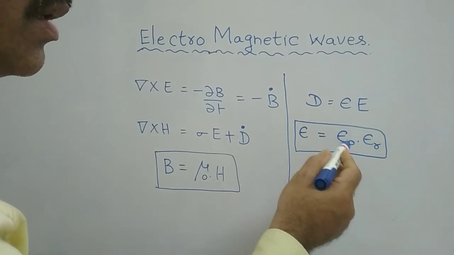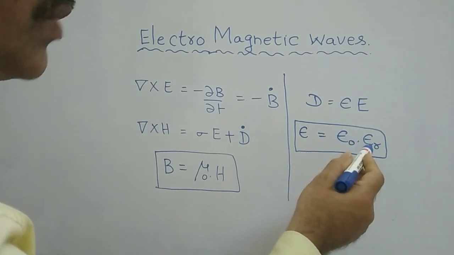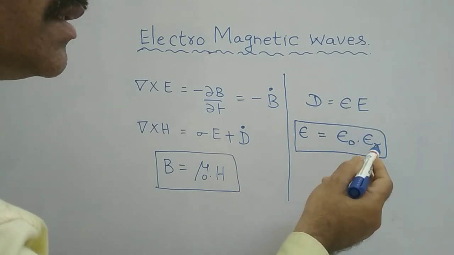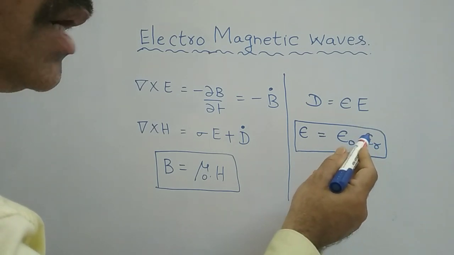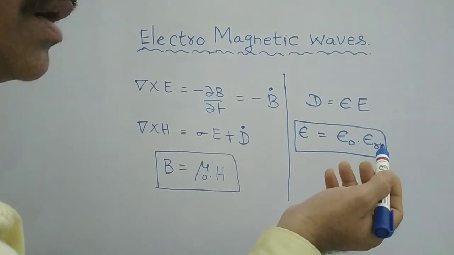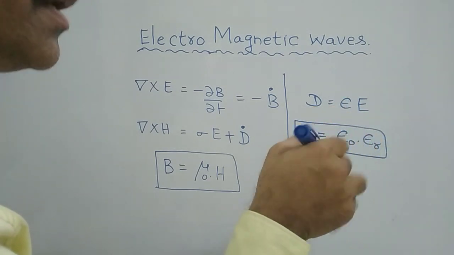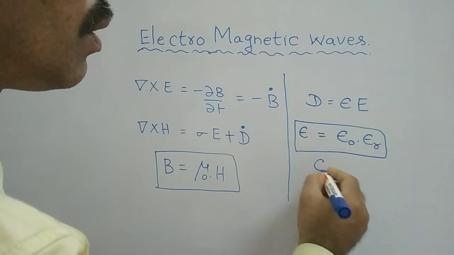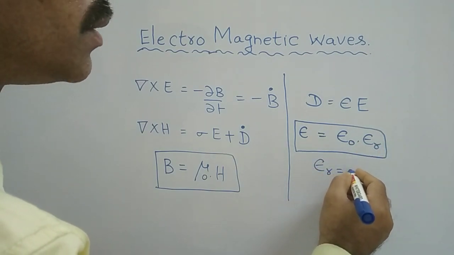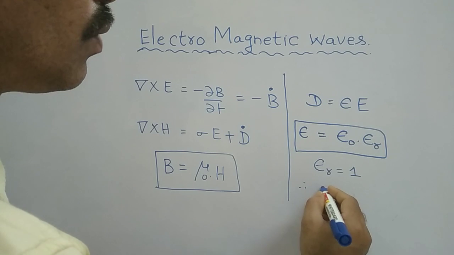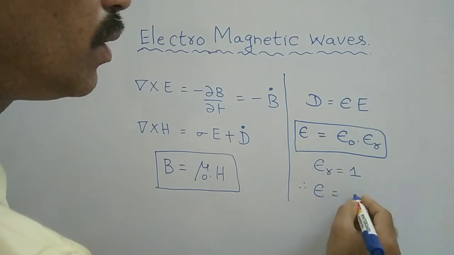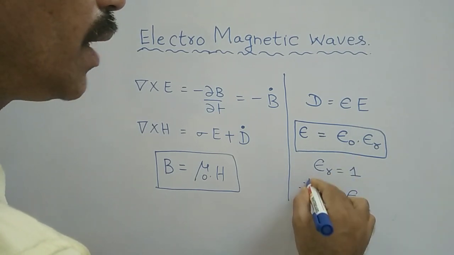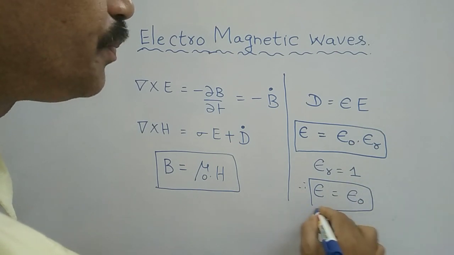Epsilon naught is the free space permittivity, and epsilon r is the relative permittivity of the medium. What is the medium in free space? Air. So for air, the value of epsilon r is also 1. Therefore, epsilon is equal to epsilon naught itself when you consider free space.